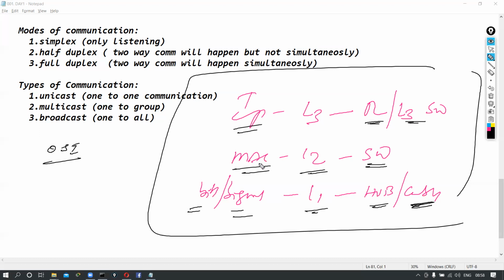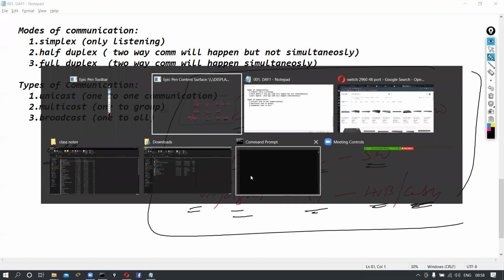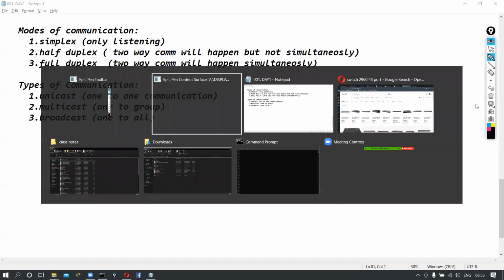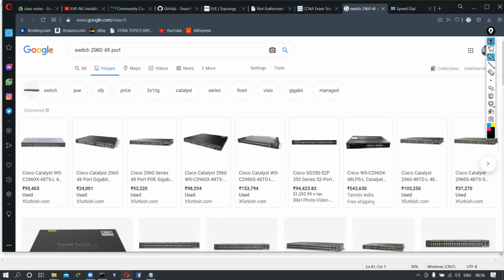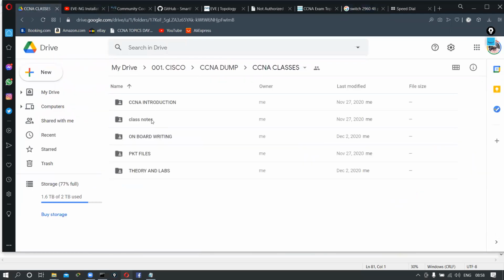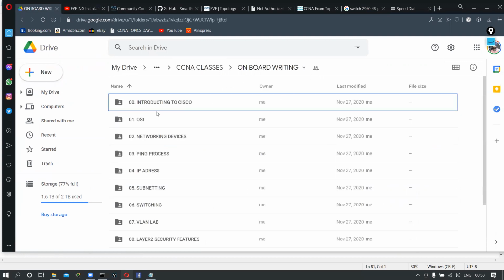Okay, written, right. Now we'll discuss about the OSI. For discussing, I need to write, guys. Yes. Okay. On board this also I need to download. Let me download.